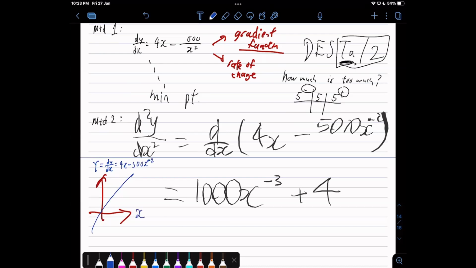X-axis here. So increasing function means it will go from where to where to where. This part is below, this part is on, this part is above the x-axis.